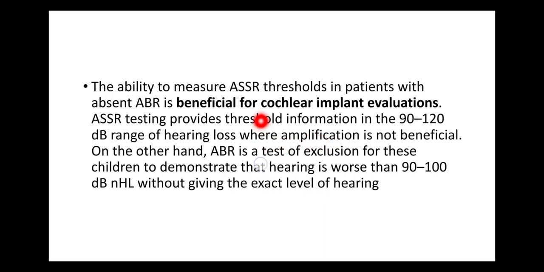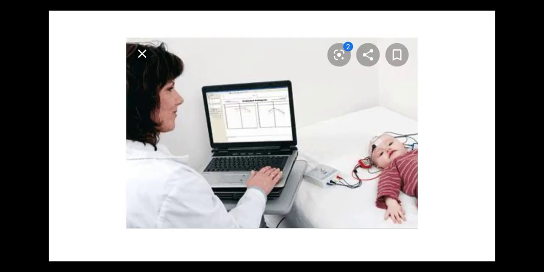Now, that is the benefit of auditory steady state response measurement, showing residual hearing presence at around 90 to 120 decibels. Now, this is the auditory steady state response equipment wherein the electrodes are placed on the scalp.